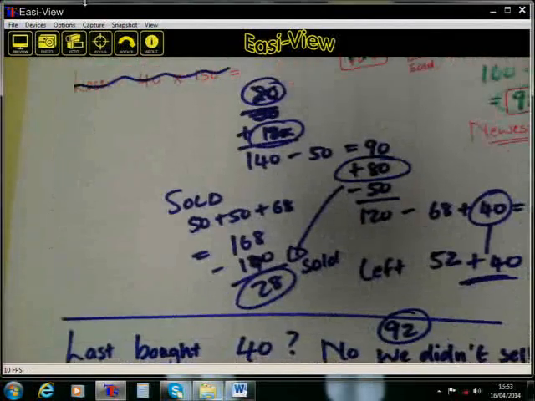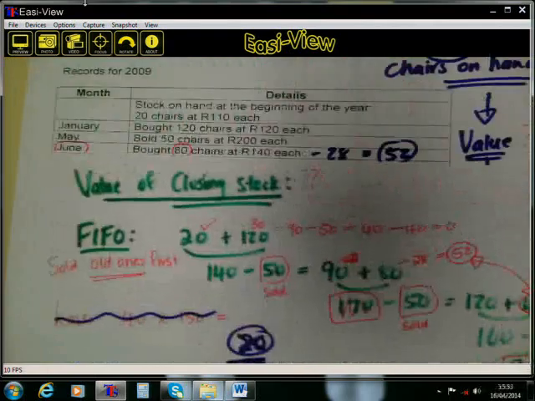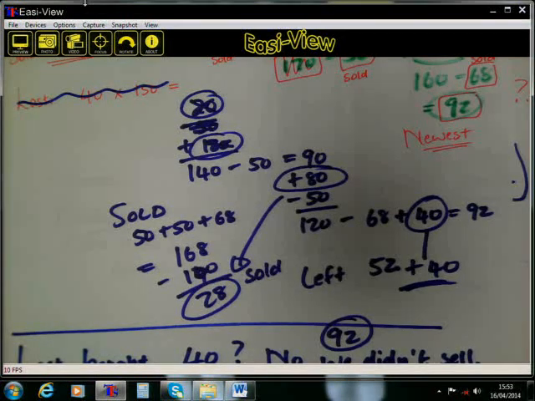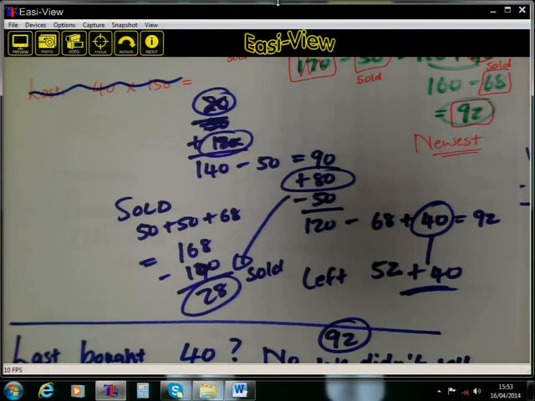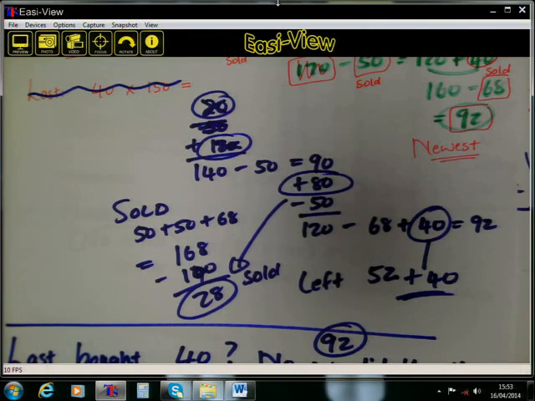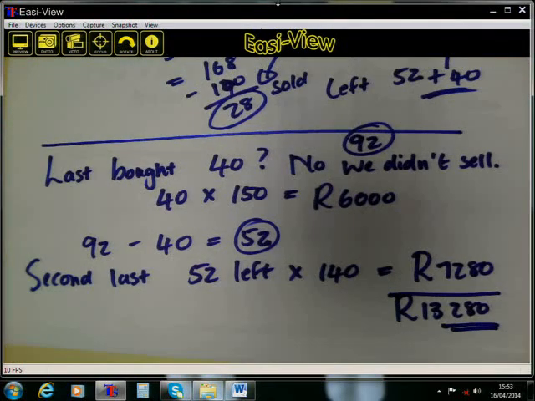So we bought 80, but there's only 52 of them left, times the amount that we bought it for, 140 rand, and that gives you 52 times 140 rand, that gives you 7280 plus the 6,000 rand, and that is the value of your closing stock. There's the value of the closing stock.